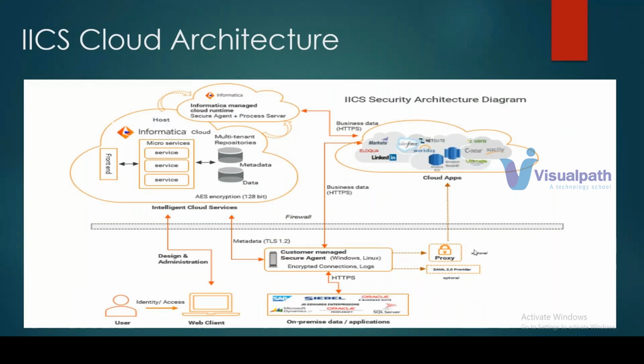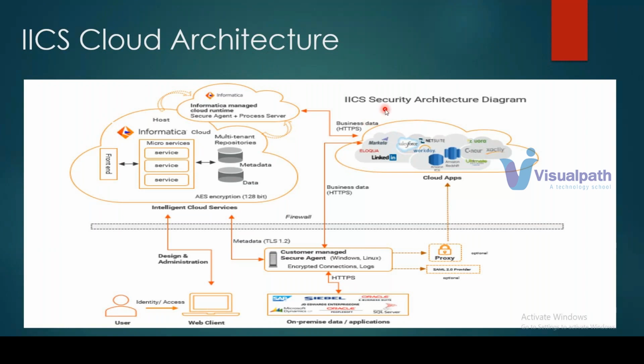So in the Informatica Managed Cloud Runtime Environment, you have a secure agent and a process server. We have an Informatica hosted agent, and we also have a customer managed secure agent. On the right side, you have business data, where you also connect to cloud apps like Marketo or Salesforce or Workday, anything which is your business data.